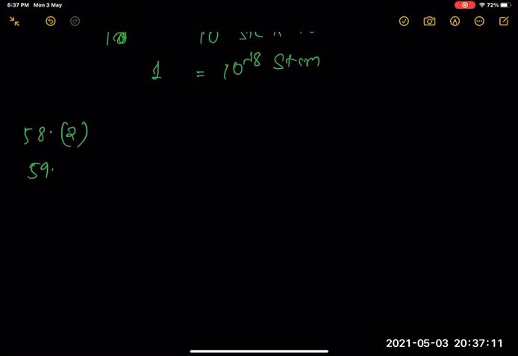KP cos theta by r square, you are saying. It is cube. KP cos theta by r cube.